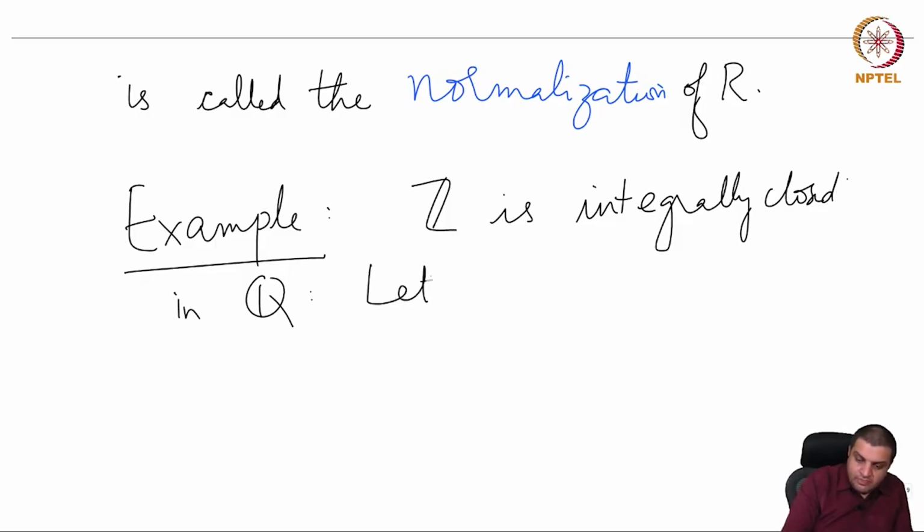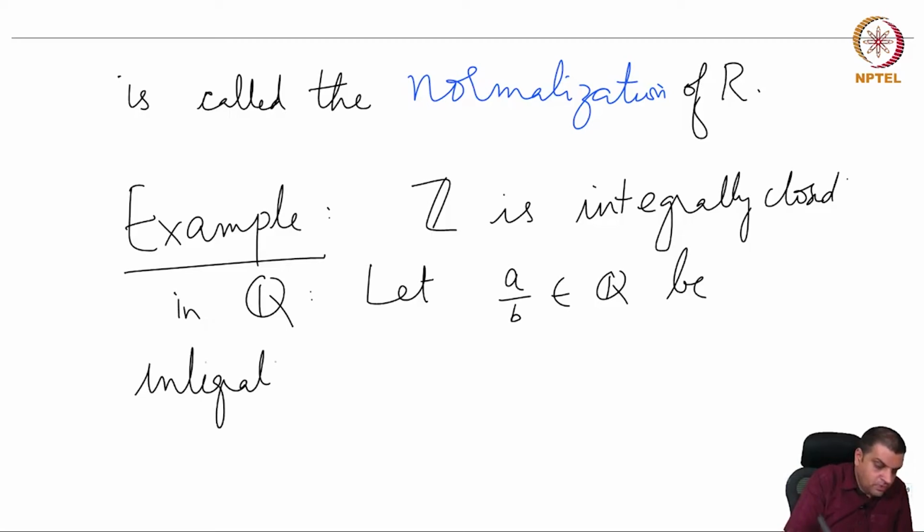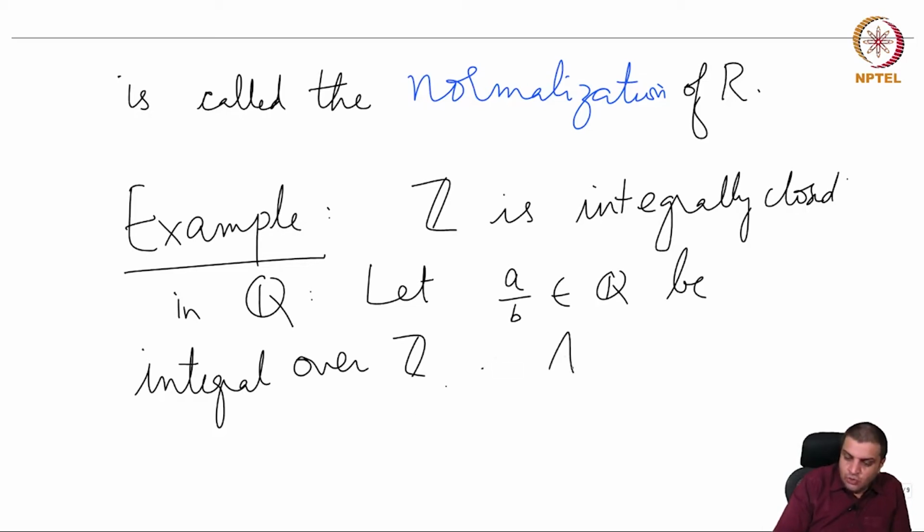Let a over b, a fraction inside Q, be integral over Z, and assume without loss of generality that they are coprime integers, that is their GCD is 1.